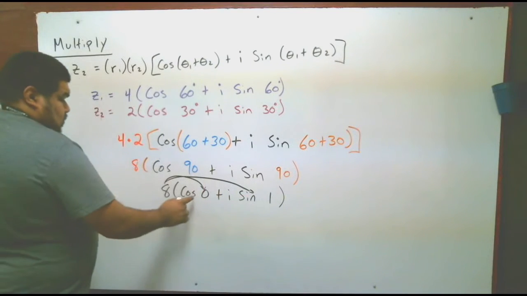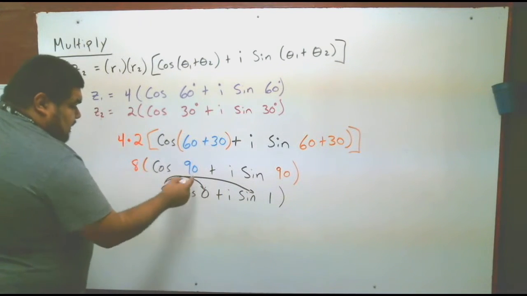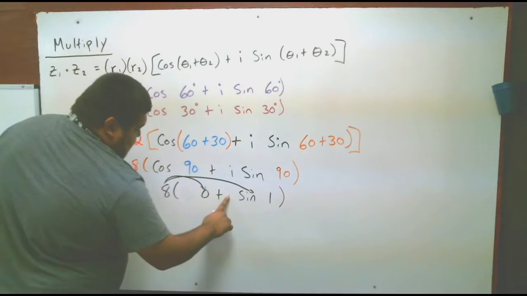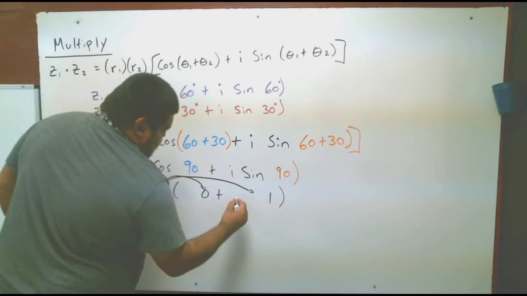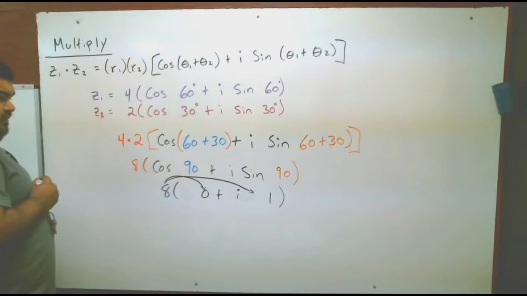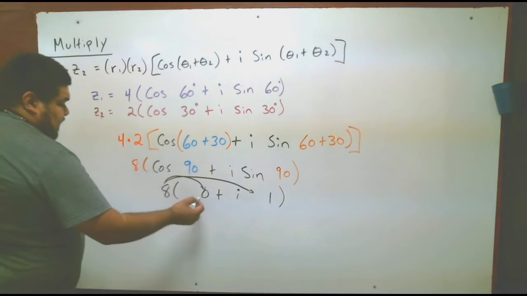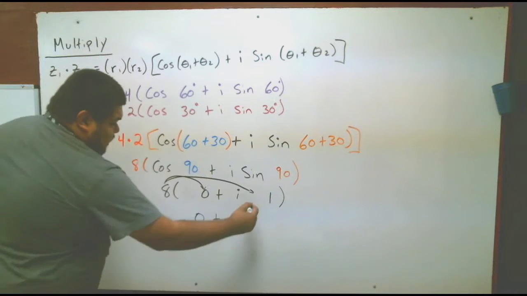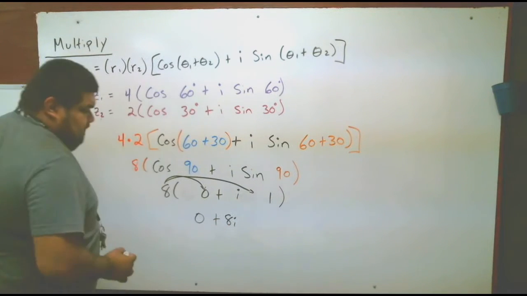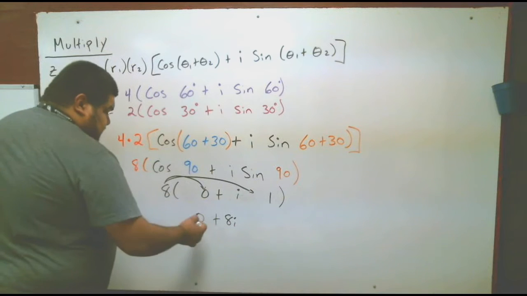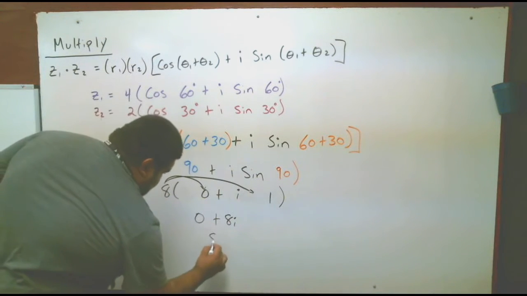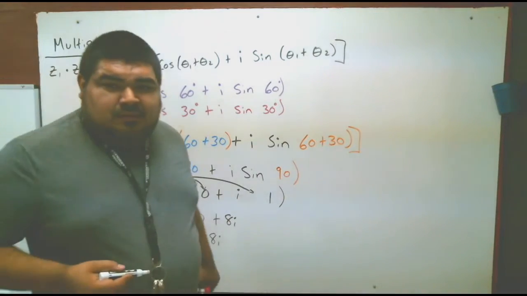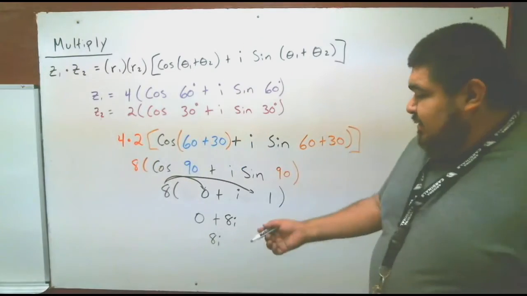Since we converted, we really don't need cosine and sine anymore, but we do need the i. So 8 times 0 is just 0, plus 8 times 1 is 8i. Since the 0 disappears, your answer is 8i. So your rectangular form is 8i.